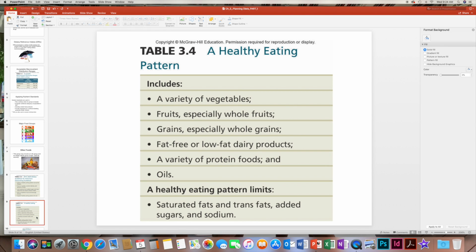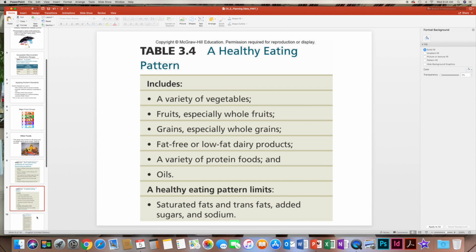When you're thinking about a healthy eating pattern, include lots of vegetables from the green variety, the orange, yellow, red, etc. Lots of fruits, especially whole fruits as opposed to fruit juices, whole grains, fat-free or low-fat dairy products, and a variety of proteins such as meat, eggs, nuts, beans, and also healthy oils.